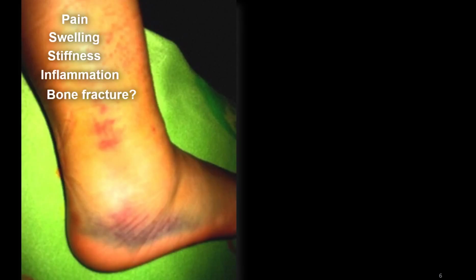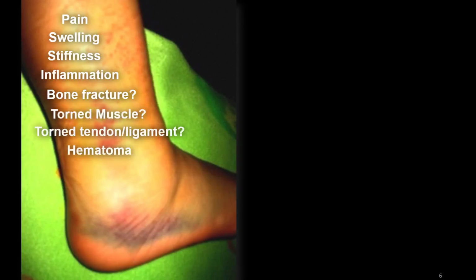Now we look at this injured leg, and we try to think about what are the possible problems faced by this leg now. Number 1, obviously there is pain, swelling, stiffness, inflammation, maybe a bone fracture, maybe torn muscles, maybe a torn tendon or ligament, hematoma. What else?